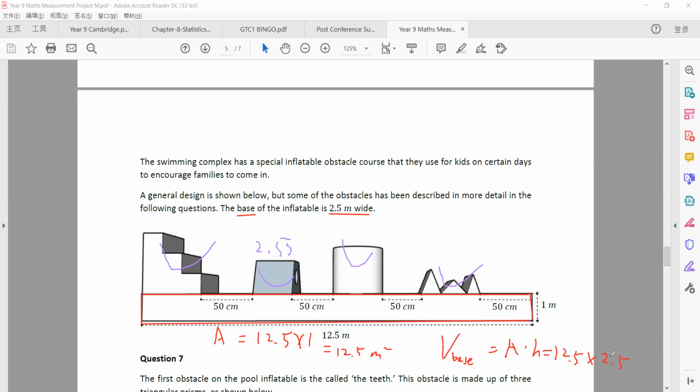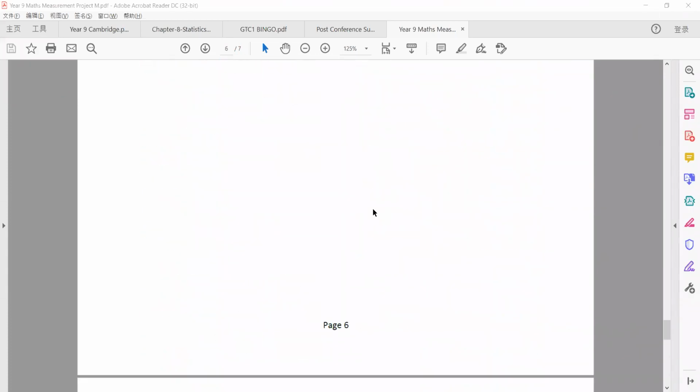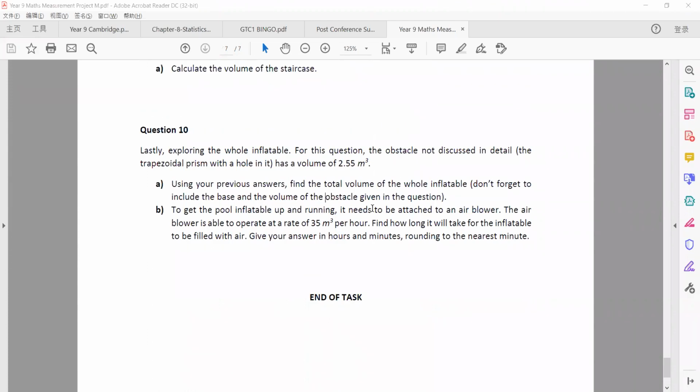So we got the volume of the base, and you also know the volume of the obstacles. So you just add them all together, and you got your total volume. So you finish the first question, part A.